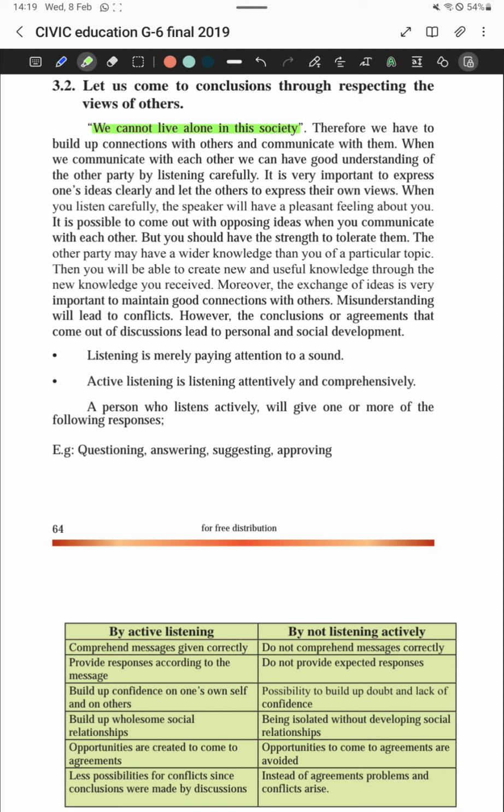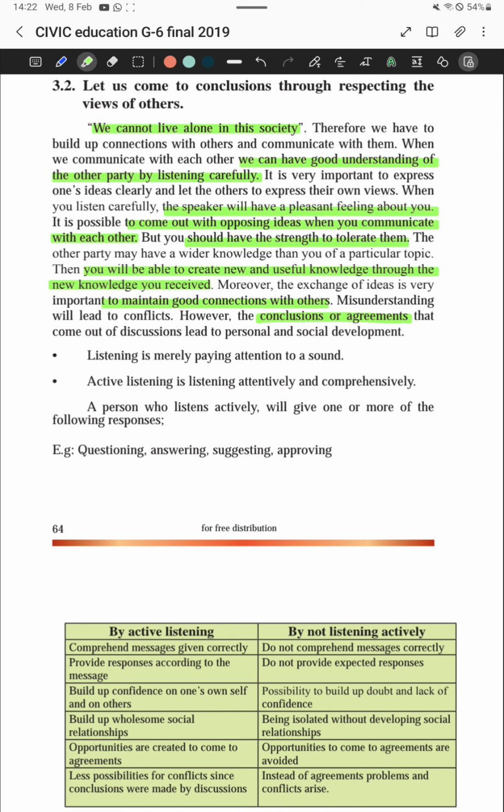So in this paragraph, you have to know about the results or the outcomes that you can get if you are listening to and respecting others' views, others' opinions, others' ideas. So when listening to others' views, we can have a good understanding of the other party by listening carefully, right?